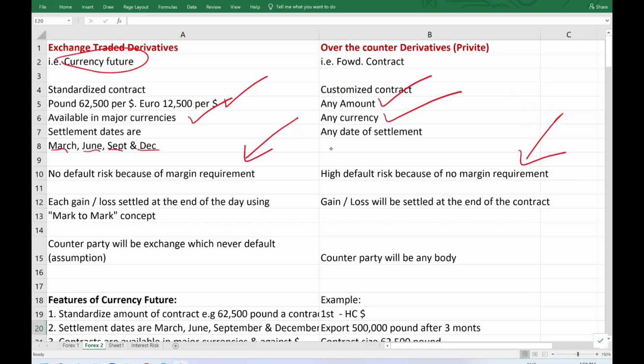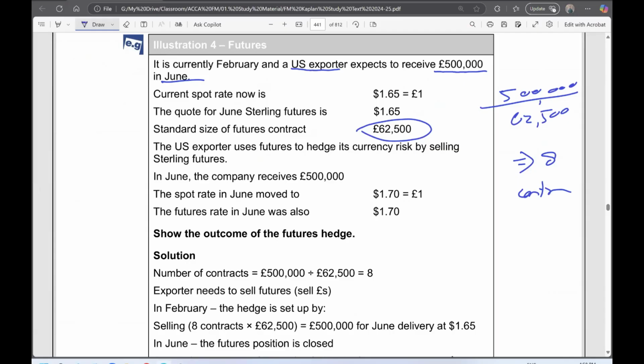If our settlement is on 28th of December, December contract. So first of all, we will choose the contract which is expiring immediately after the settlement date. Here we will go with the June contract, and he mentioned the June contract price is 1.65.